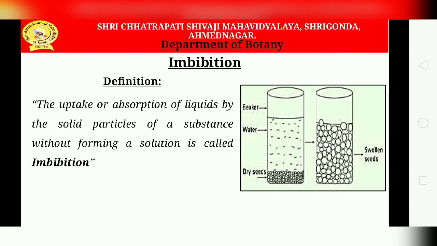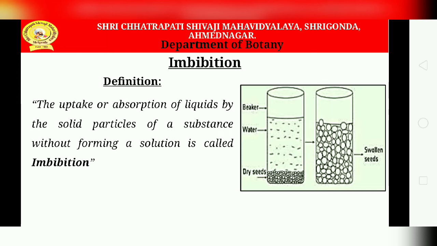When it is kept in water, it swells. Wooden doors and windows swell up during the rainy season because of the imbibition of water. So it is a physical process available in the plant for the uptake of water.